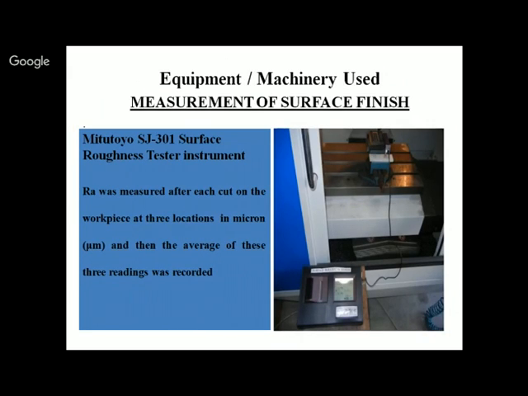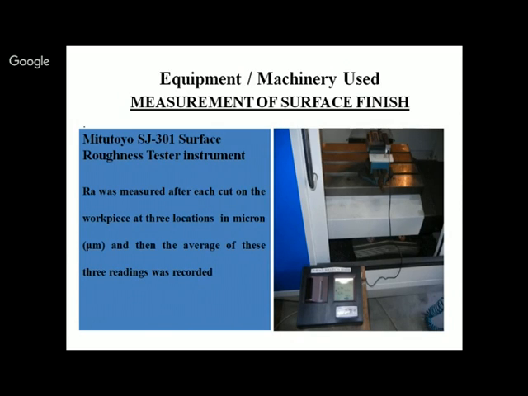I have used a Mitutoyo surface roughness tester, a portable type of tester which you can directly mount on the workpiece. I measured the surface roughness after each cut at 3 locations, in microns, and the average of these 3 readings was recorded.